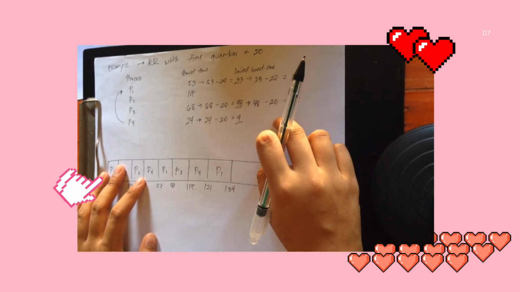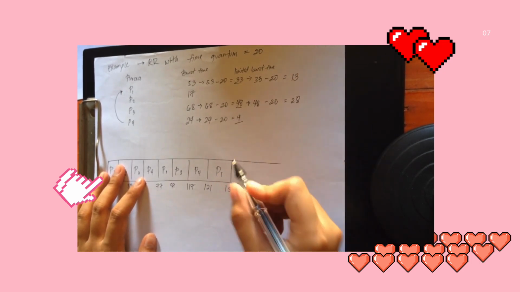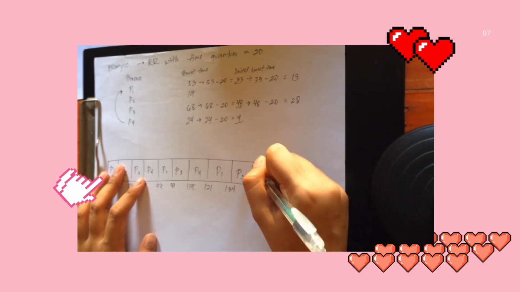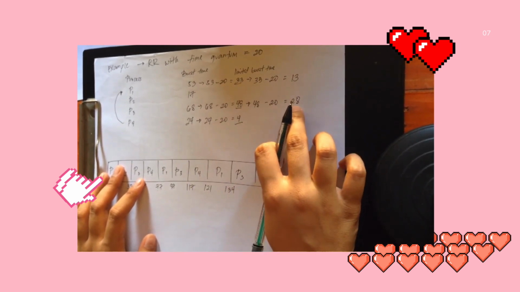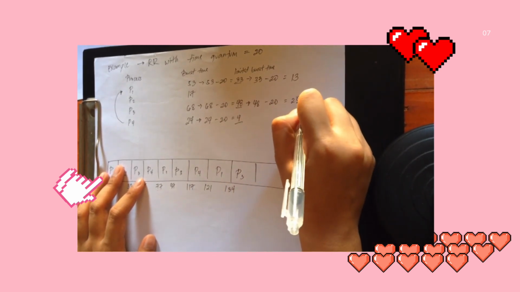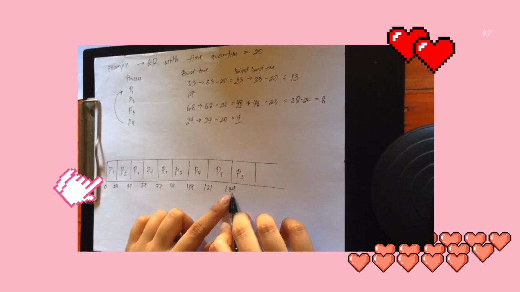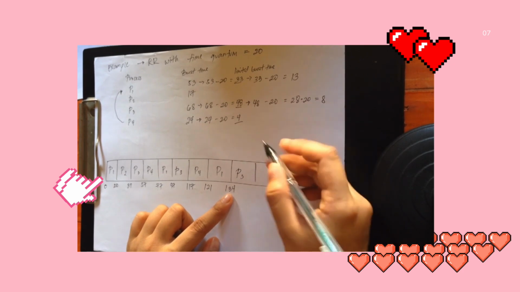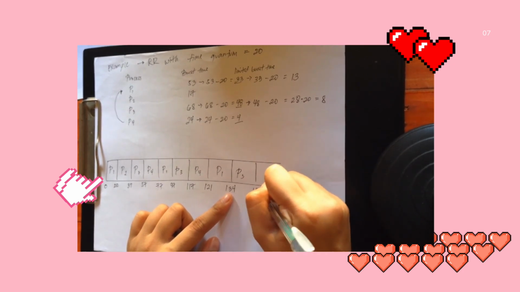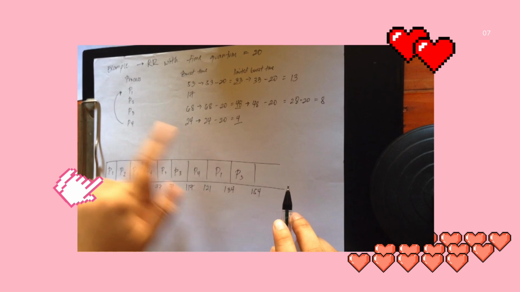P1, P2, and P4 are already over. So, we need to go to P3, which has the value of 28. 28 minus 20 is equal to 8. 134 plus 20 is equal to 154.